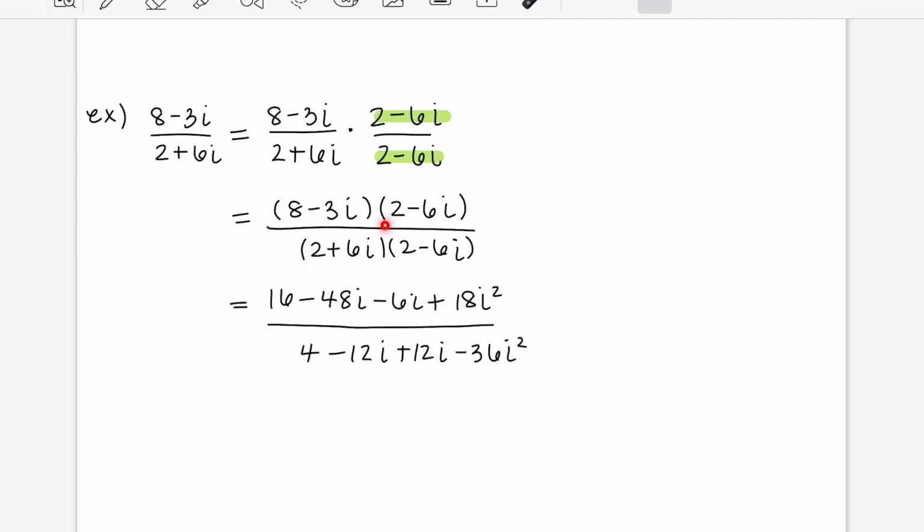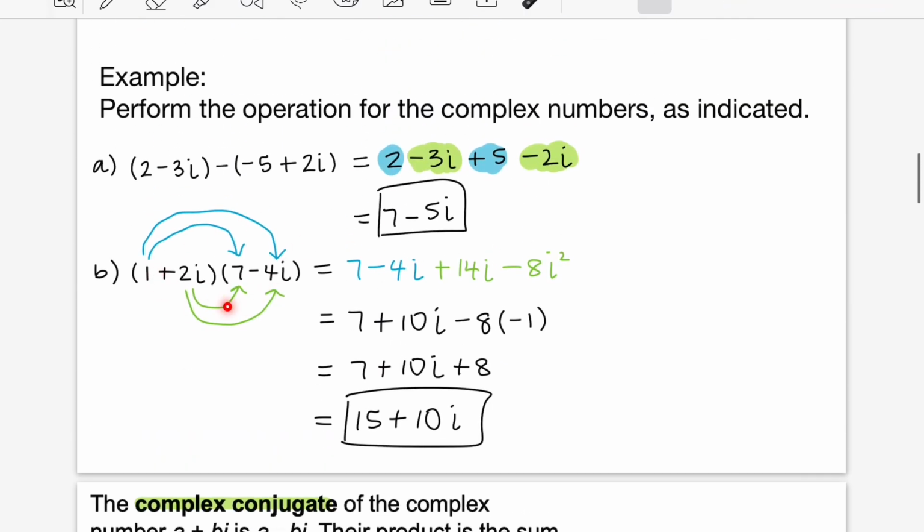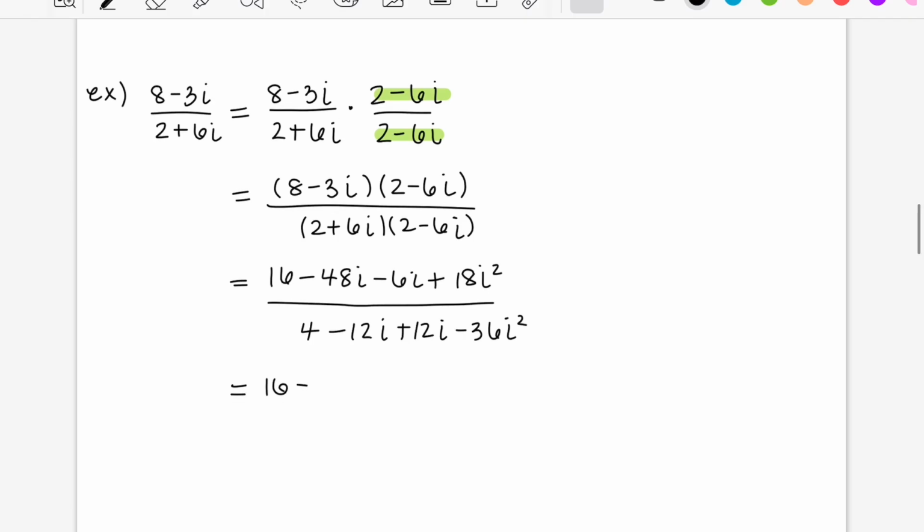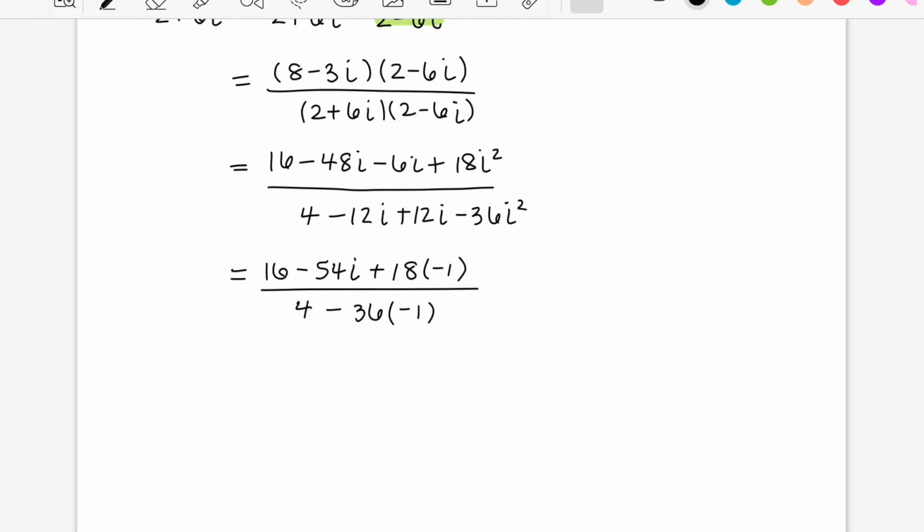So just by foiling, like how we did in this last example here. So simplifying and combining like terms, we'll get 16 minus 54i, and then we have plus 18 times negative 1, since i squared is equal to negative 1. Then we have 4, and then we have minus 12i plus 12i, so this goes to 0 here. So we'll get 4 minus 36, and again, multiply that by negative 1.